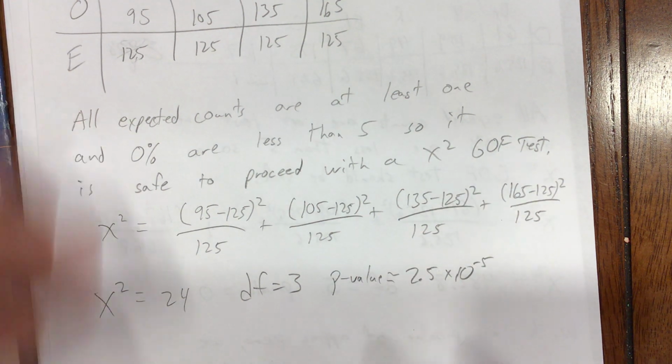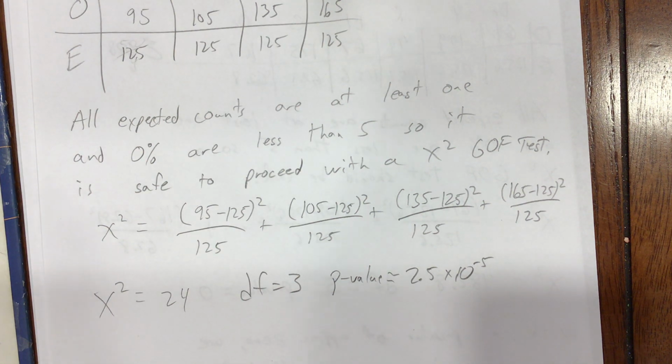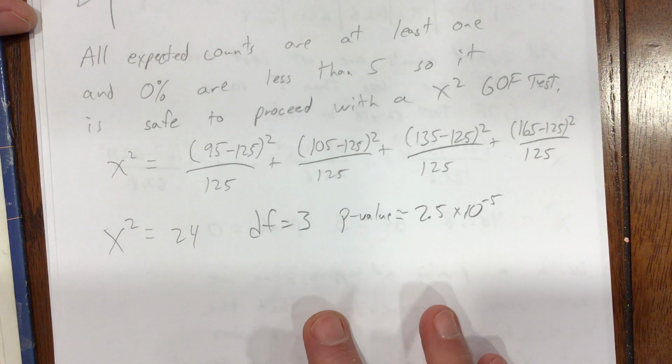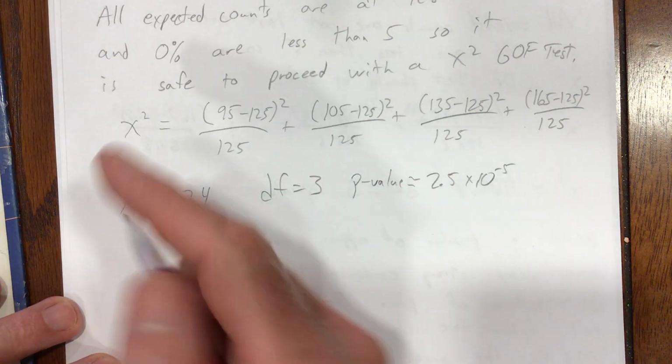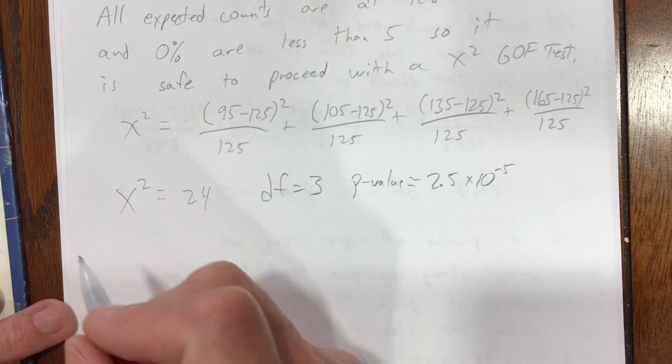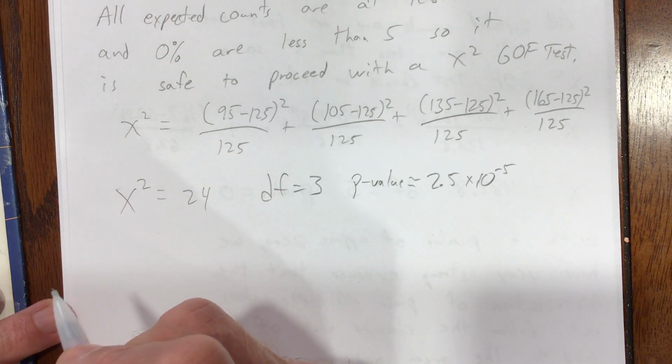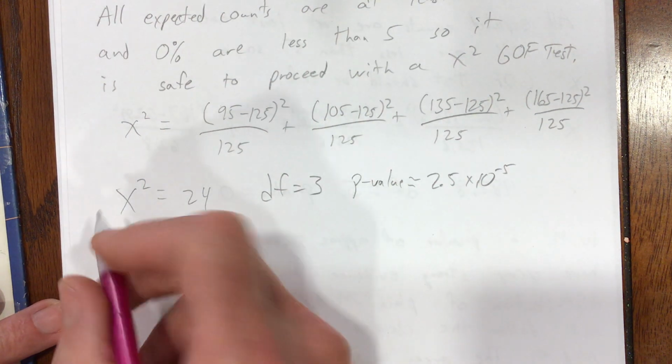Okay, so very small p-value. In other words, very strong evidence that this wheel is out of balance, maybe intentionally. Carnivals are kind of somewhat known for doing that type of thing. All right. Oh, then again, the carnival probably could say, we never claimed it was in balance, right?